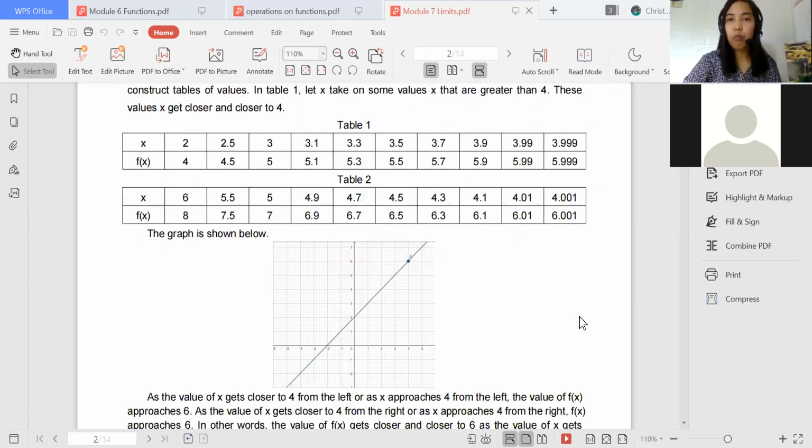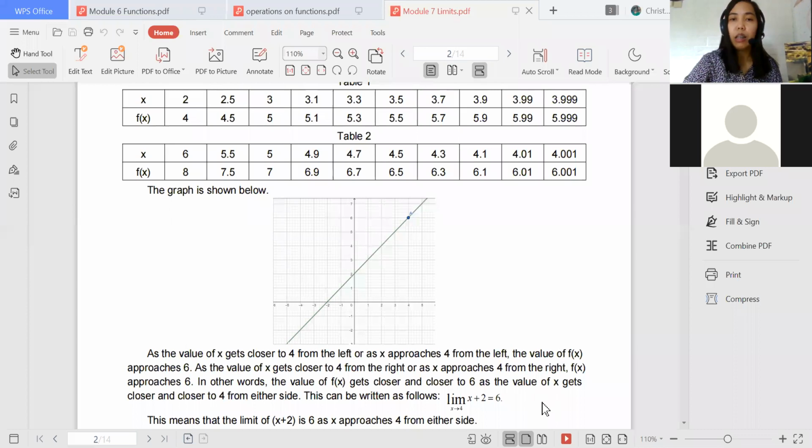As x approaches 4, the value of y approaches 6. Okay? As the value of x gets closer to 4 from the right, or as x approaches 4 from the right, f of x approaches 6. In other words, the value of f of x gets closer and closer to 6.